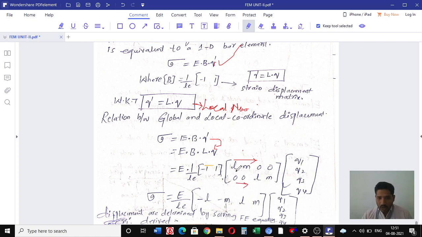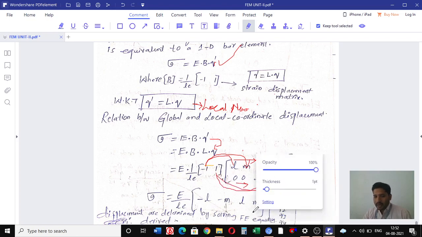Minus 1 into L, it should be minus L; minus 1 into M, it should be minus M. After that, the second part: 1 into L is plus L, and 1 into M is plus M. Clear?